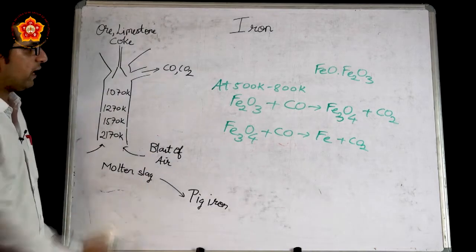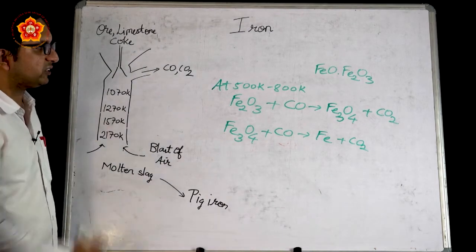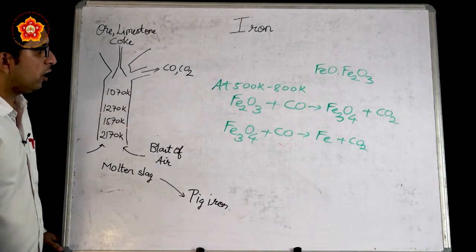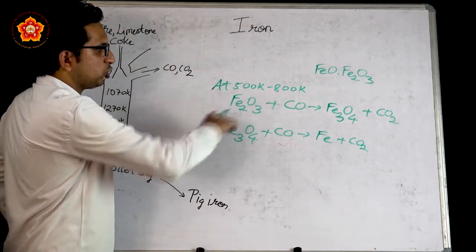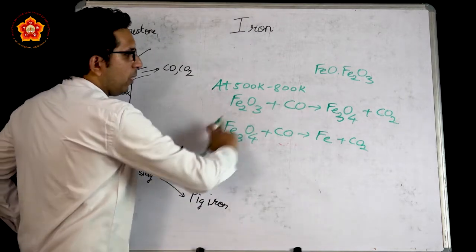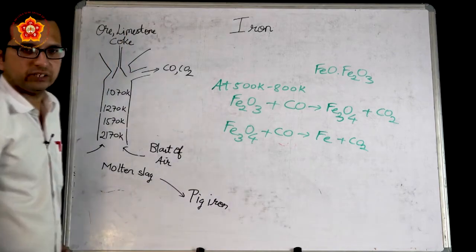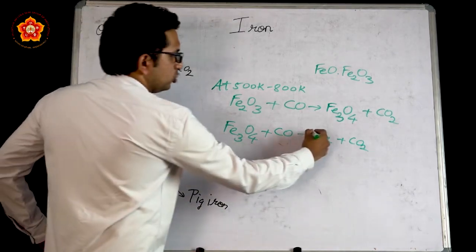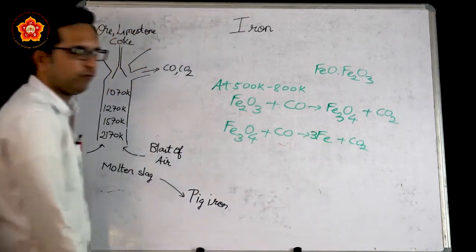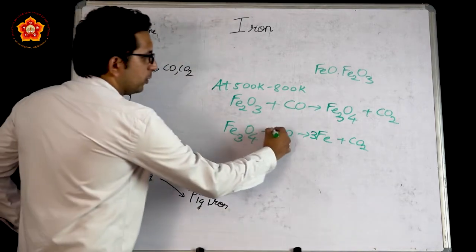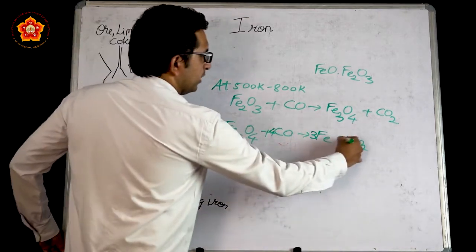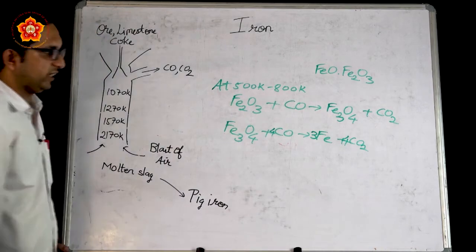Looking into the balancing of these reactions, the iron compounds get adjusted by themselves. So here it is Fe3, so I am going to use 3Fe. This part will be 4CO and this will be 4CO2.